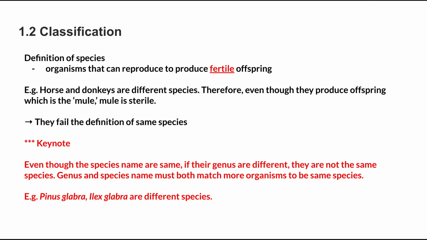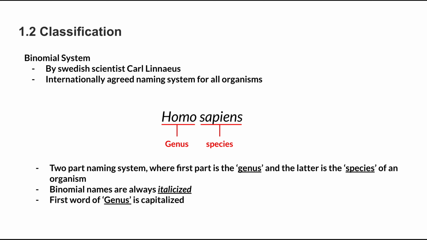For example, Pinus glabra and Ilex glabra are different species even though they have the same species name, because they have different genus names. This 2-part naming system is called the binomial system. It was created by the Swedish scientist Carl Linnaeus, and it is an internationally agreed naming system for all organisms. The binomial system has 2 parts, where the first part is the genus and the latter is the species of an organism.